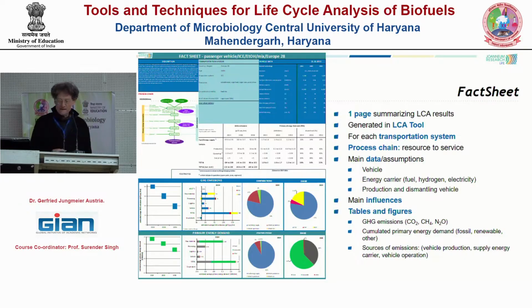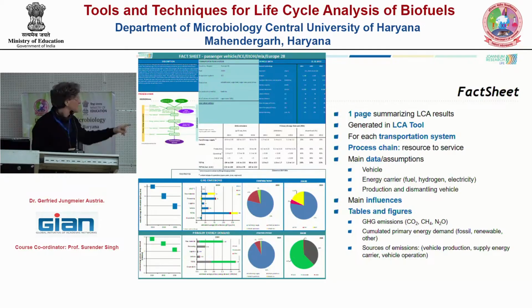What you find here is, on one hand, the process chain you're already familiar with. You also see the main data assumptions in the upper part, so the key data. We need many data, but finally, at the very end of the LCA, you know which are the key data that significantly influence the final result. We discussed yesterday the driving energy consumption. If you go a hill up and down, or if you're in a flat area, for example, the energy consumption is one of the key data when we talk about transportation systems.